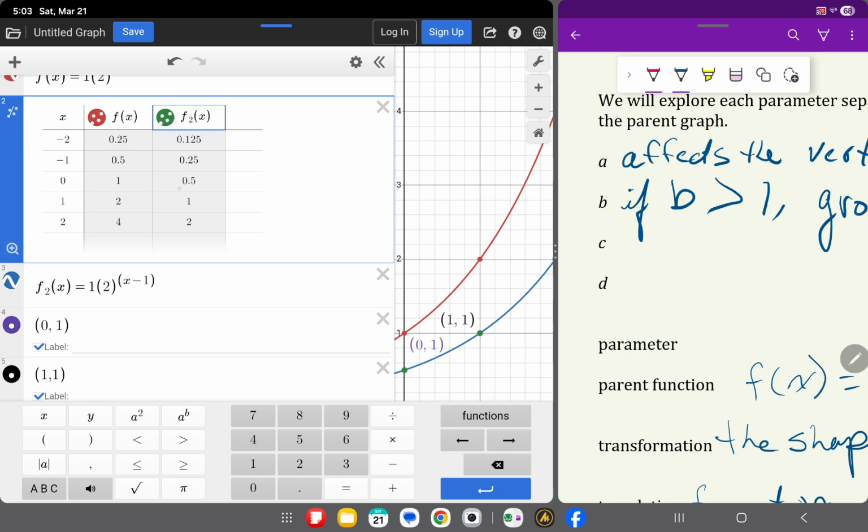So as you can see, when we're looking at our table here, I have 0.25, and it shifted it down one step in my table. 0.5 shifted it down one step. It was 1, shifted it down one step. 2 shifted it down one step. So if I put in 3, I'm going to get 8 for my f of x, and I should get 4 for my f2 of x.